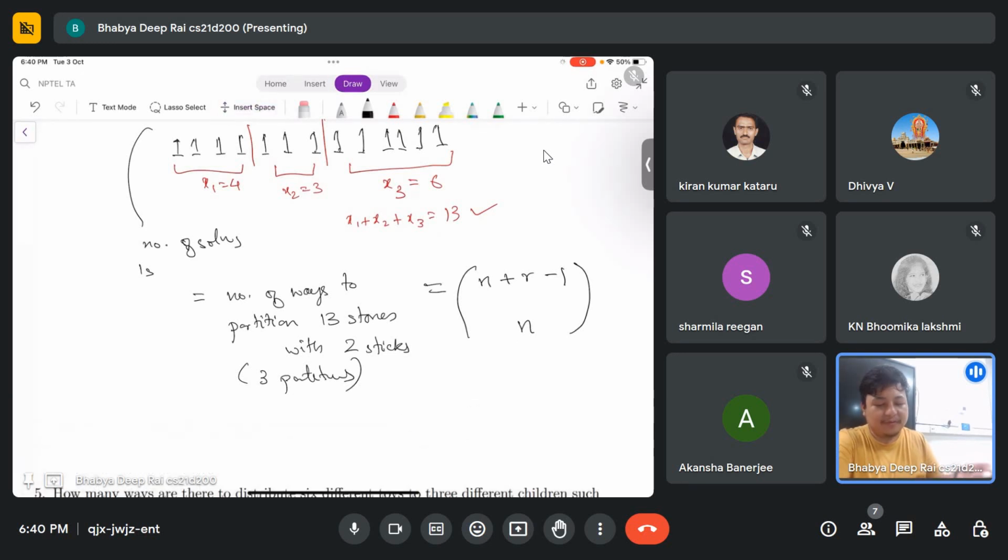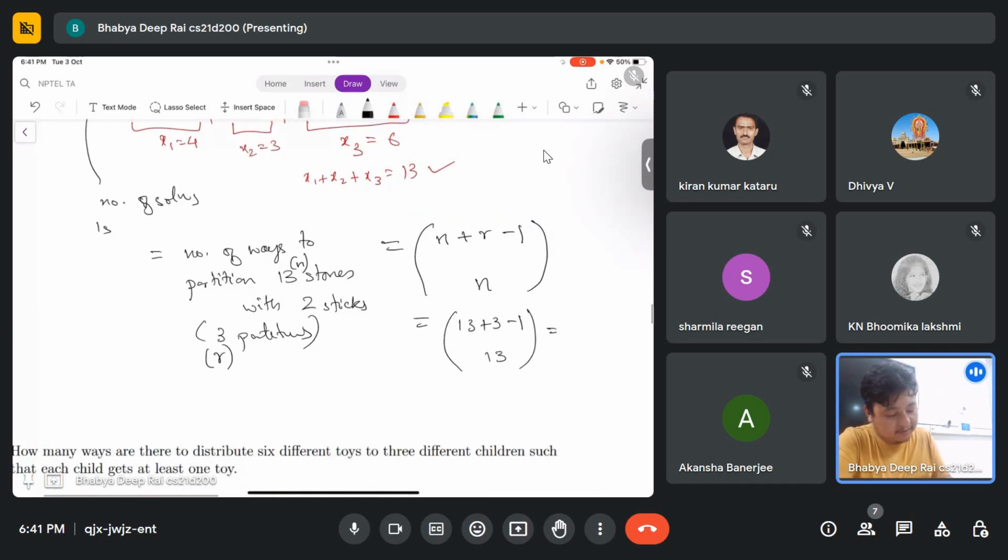There is a dual formula also, choose r minus 1, but this also works. Here n is the number of stones and r is the number of partitions. So n plus r minus 1 is 13 plus 3 minus 1, choose 13, which is equal to 16 minus 1 is 15, choose 13. This is your answer.